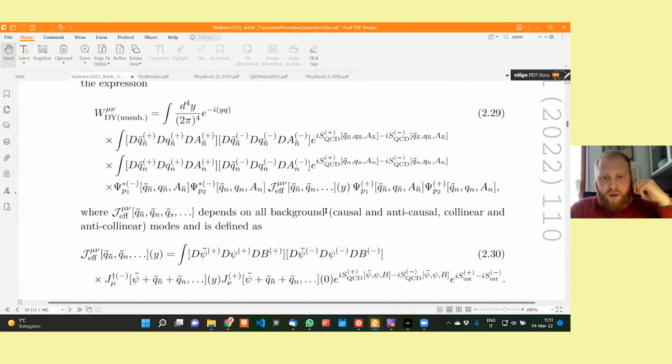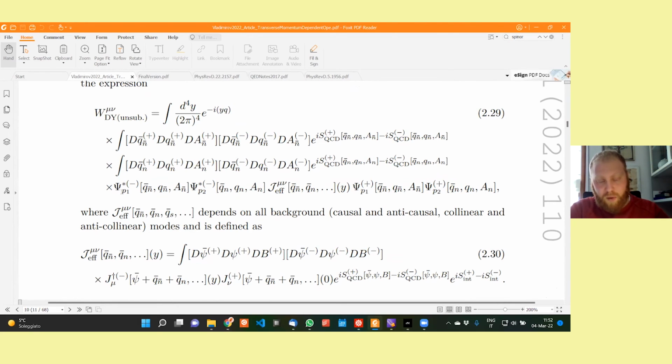And therefore, you can actually compactify your notation. The first 2 lines are the same. And here enters the assumption that your protons are either in the n direction or in the n bar direction.